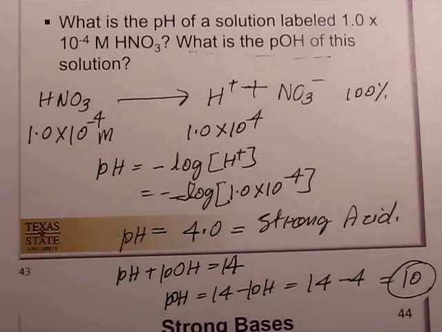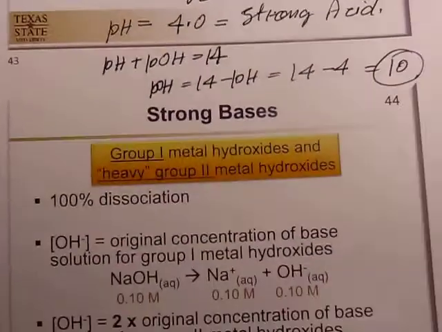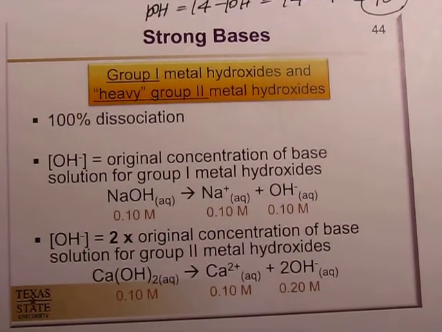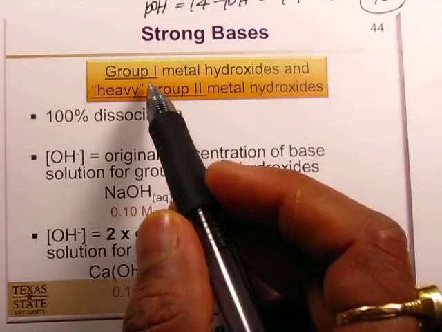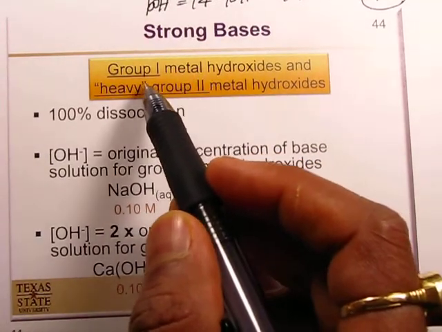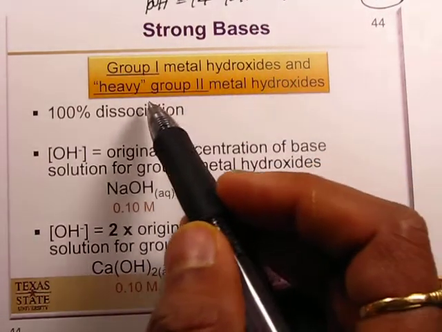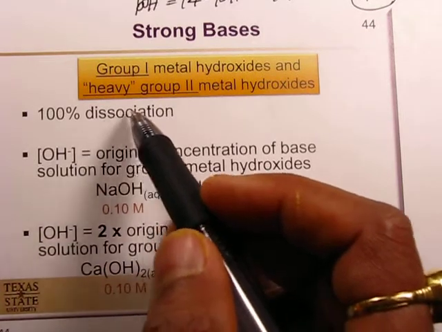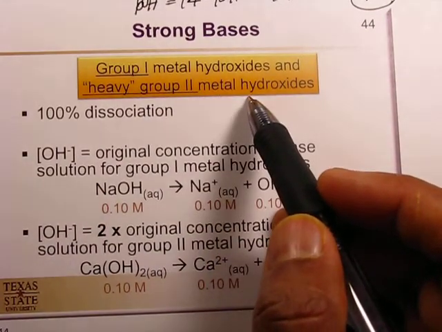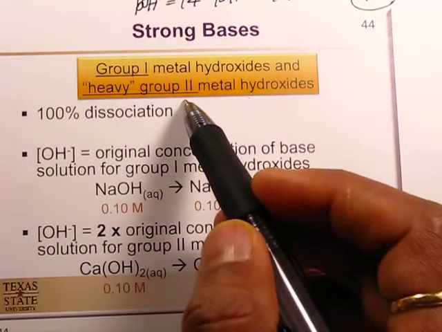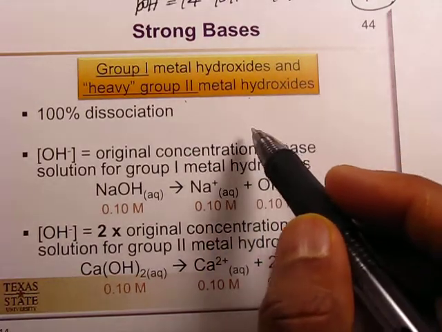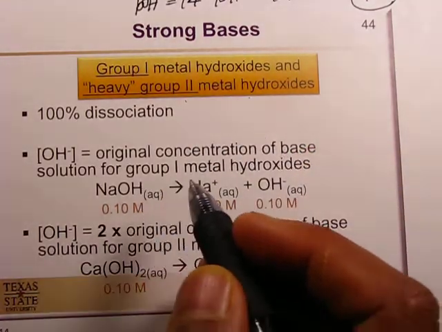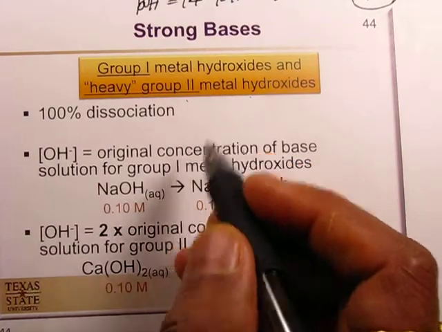And let's talk about the strong base. Strong bases come from group 1 metal hydroxides and heavier group 2 metal hydroxides. Group 1 and group 2 metal hydroxides are considered strong bases, and they also dissociate 100%.